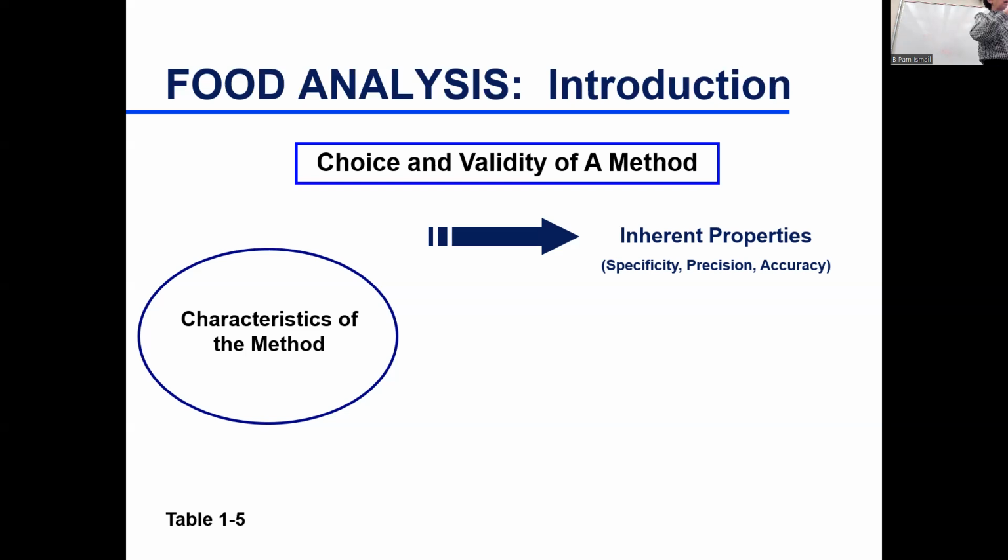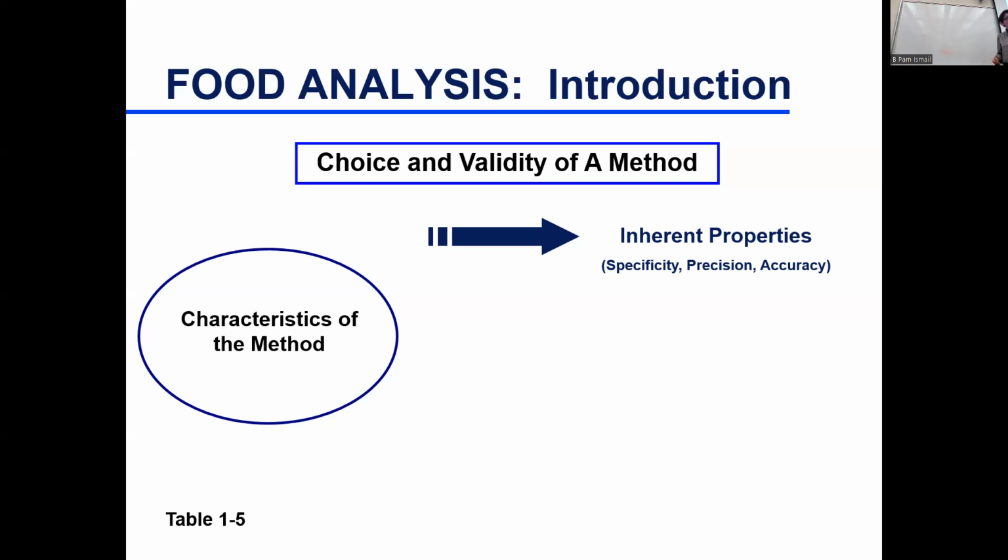You don't have any other components that you care for, so you don't have to necessarily do an assay specific to sucrose. Total carbohydrate assay is sufficient because there's not very many other carbohydrate sources in that drink. So you can choose a less specific method if you know that your food matrix is simple, not complex. So you make a choice accordingly.